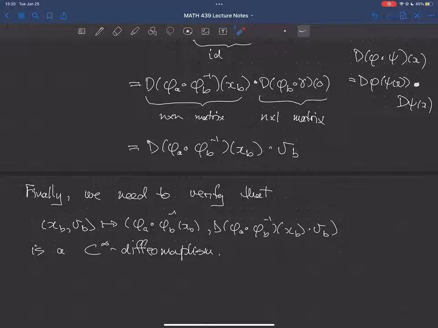Okay, well, again, I'm just going to chat my way through it. And so it's infinitely differentiable as a function of xb and vb. Well, I know that this mapping is infinitely differentiable because it's the overlap mapping between two compatible charts. And similarly, I know that this mapping is infinitely differentiable.